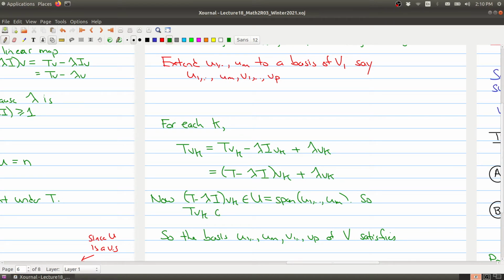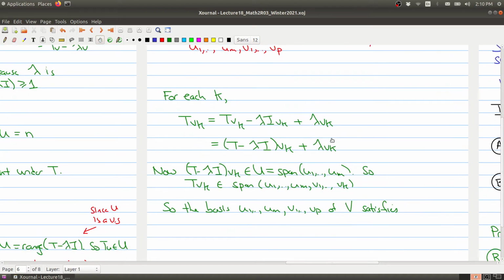So putting the pieces together, we have that Tvk is inside of the span of u1 up to um, v1 up to vk. Okay, and so the basis u1 through um, v1 to vp satisfies property 2 of the theorem on upper triangular matrices that we proved in the last video.